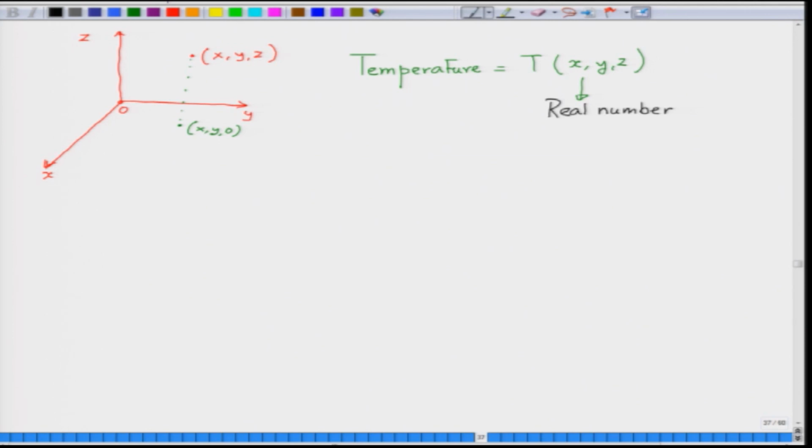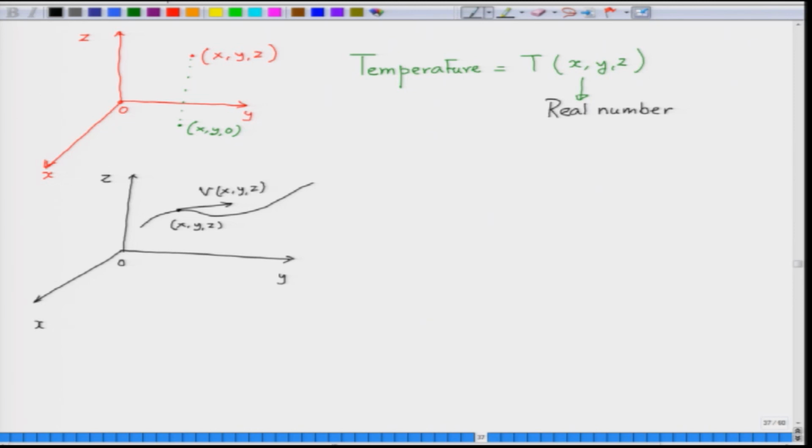What about a vector valued function? We have already had an idea of a vector valued function when we started with force and velocity. Just to remind you, let me draw this. Let a particle move along a curve. Then at any point x, y, z on the curve, the velocity vector is tangential to it.